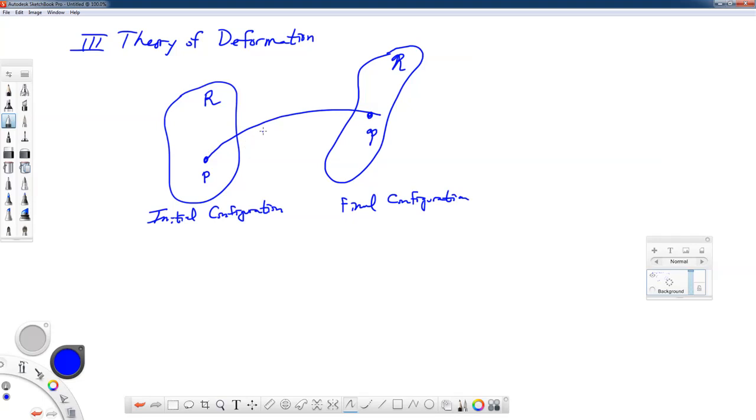And it's not just that point that gets transformed into that point, but every point does. And all the points in the neighborhood of point P get transformed to points in the neighborhood of script P. Now we call this a transformation from R to script R. We call that a deformation.